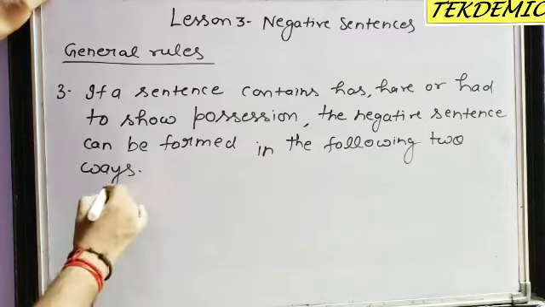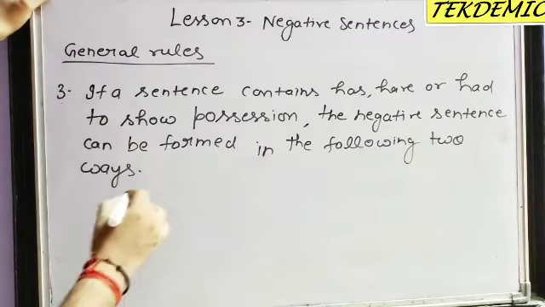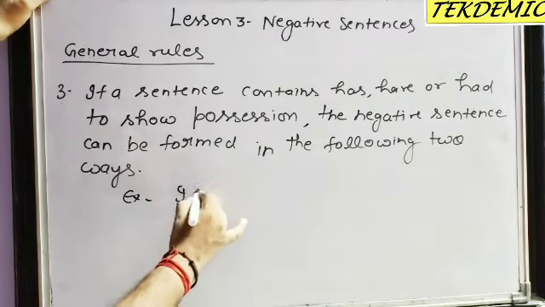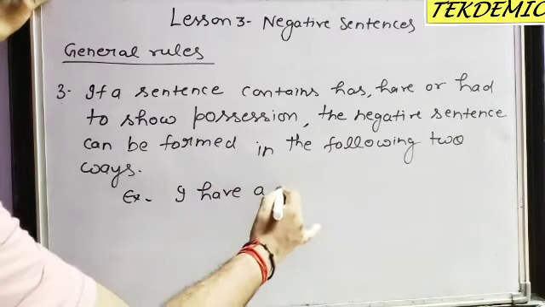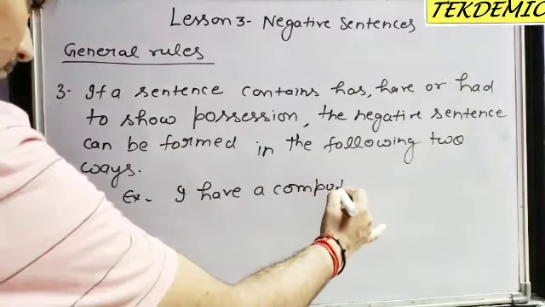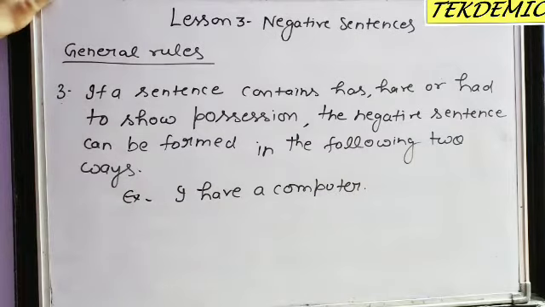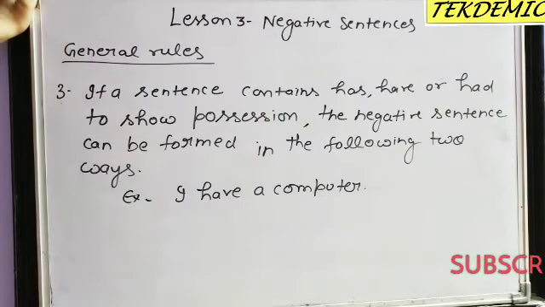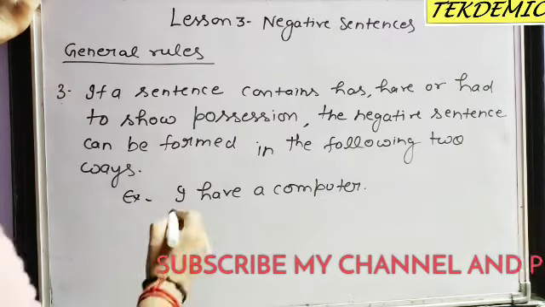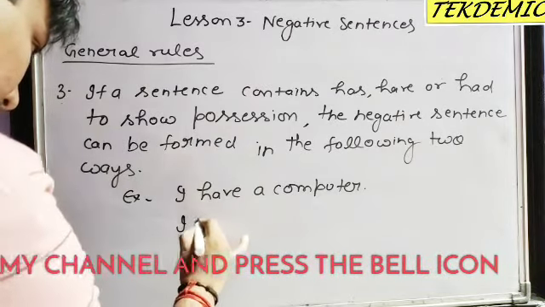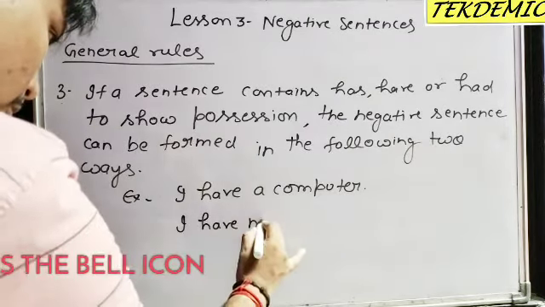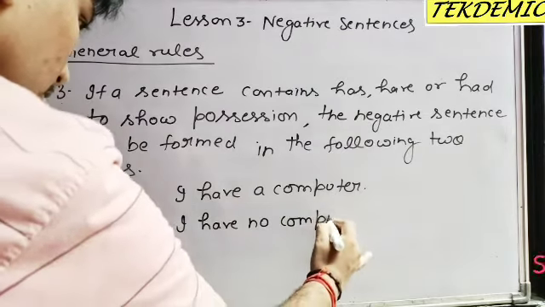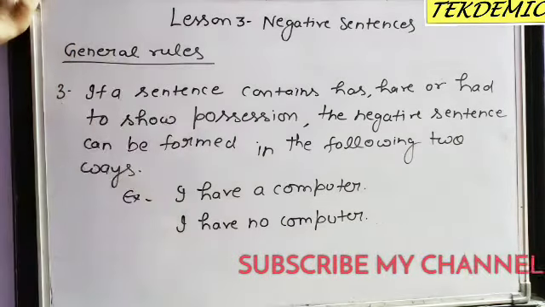Okay? Two ways are there. First we will write a positive sentence, and the sentence is I have a computer. Now how will we convert it into a negative sentence? First way is I have no computer. In this way you can convert it into a negative sentence.